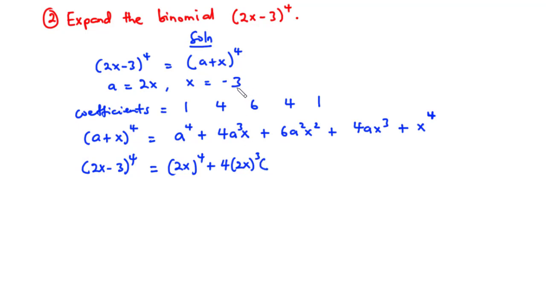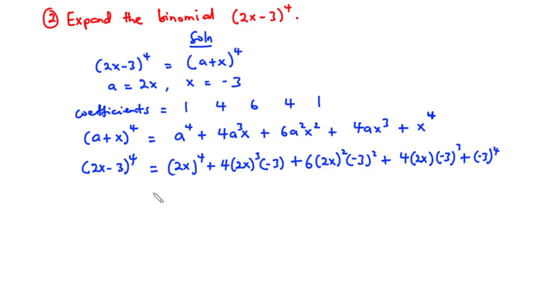We have x to be negative 3, so negative 3 plus we have 6 times 2x squared. We have x to be negative 3, so negative 3 squared plus 4 times 2x times negative 3 cubed plus negative 3 to the power 4.